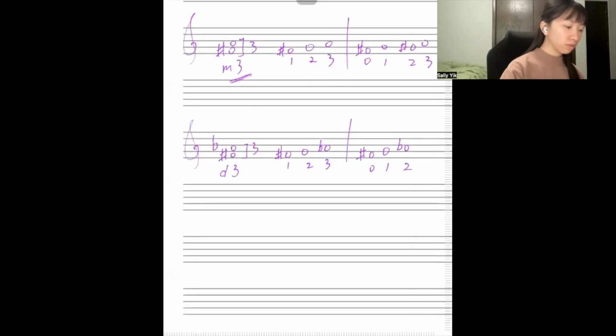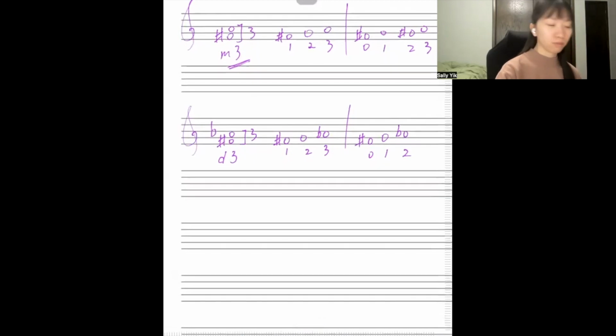Now let's move on to do another example for perfect intervals. So for a perfect interval, let's say we can try A and D. If you count the number of steps with A, B, C, D, so 1, 2, 3, 4. Okay, so this is a fourth apart.